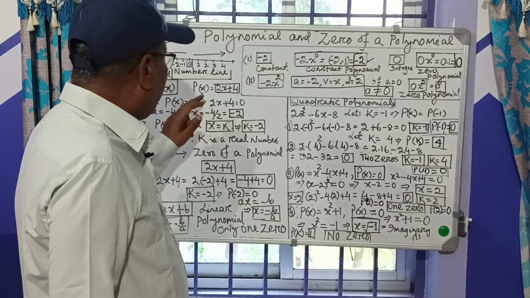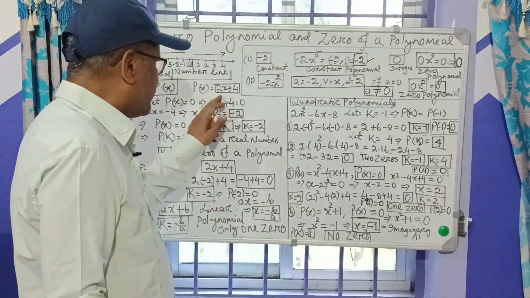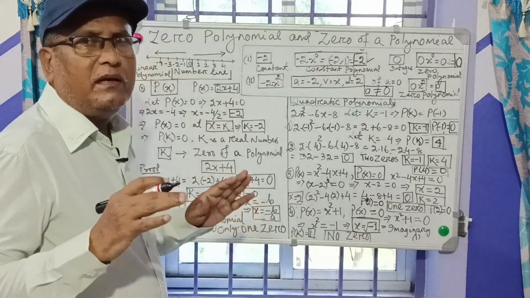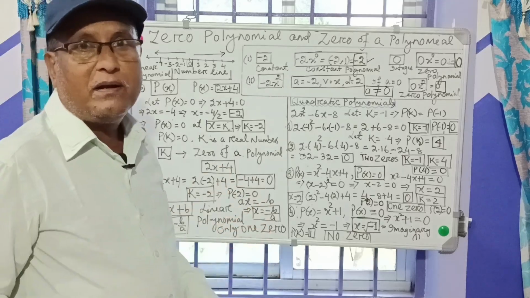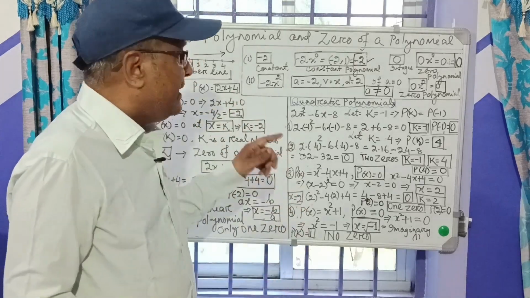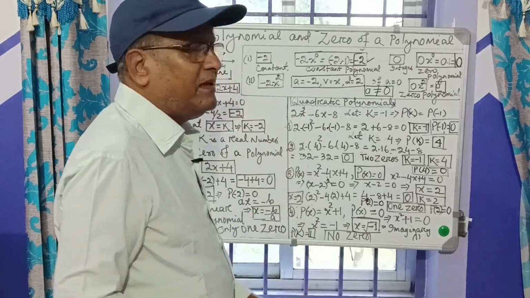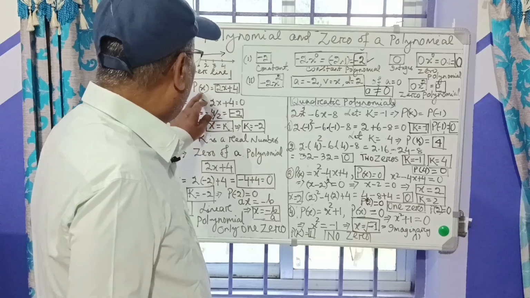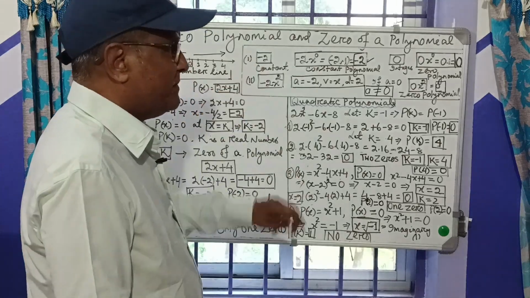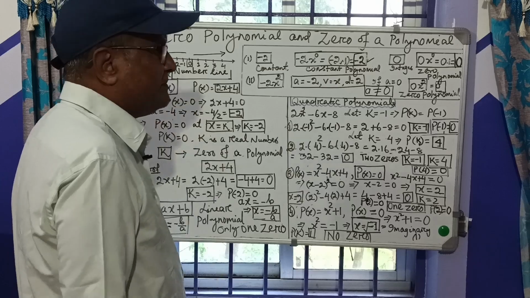Simply, let p(x) is equal to 2x plus 4. So 2x plus 4 is a polynomial. What type of polynomial? A linear polynomial. Why? Because the degree of the variable is 1. That we have discussed. So let p(x) is equal to 2x plus 4, and let p(x) is equal to 0.